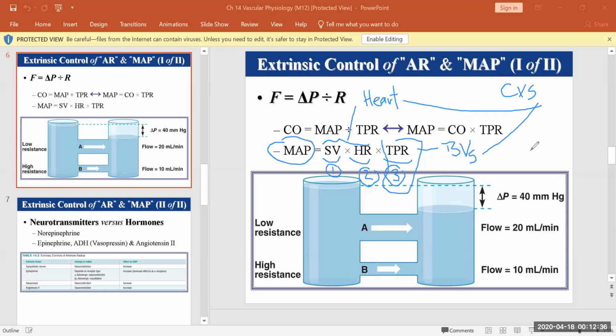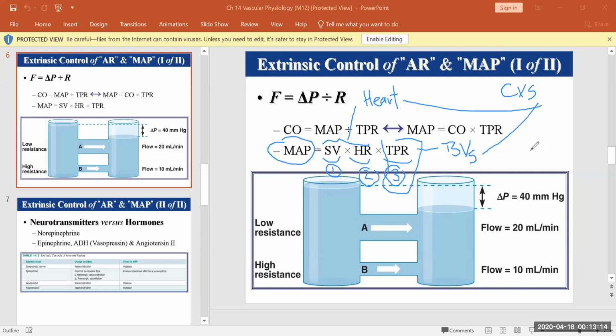Okay? Cardiovascular system, the heart and the blood vessels come as a team for what? Come as a team to drive blood forward, to perfuse every single tissue in the body, bringing oxygen to the tissues, bringing nutrients to the tissues, disposing of cellular waste, picking up carbon dioxide from the tissue.